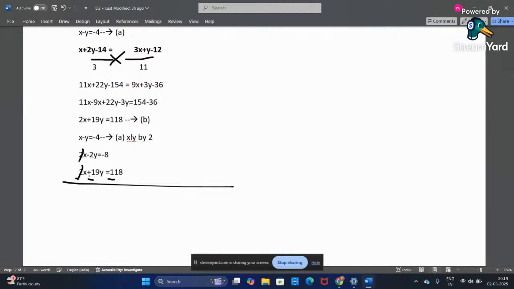This is minus 2y, and this plus 19 is changed to minus 19. So it is minus 21y, right? Then here minus 8 minus 118, it is minus 126.